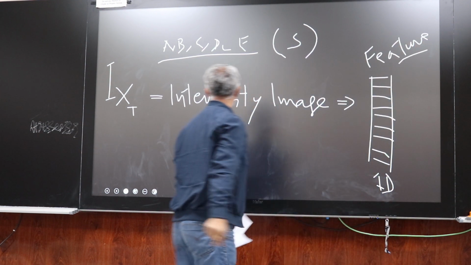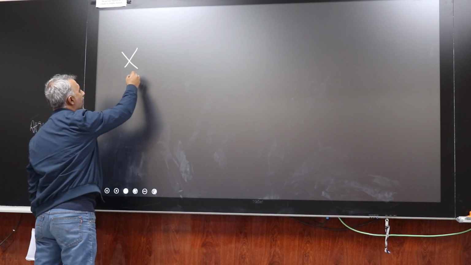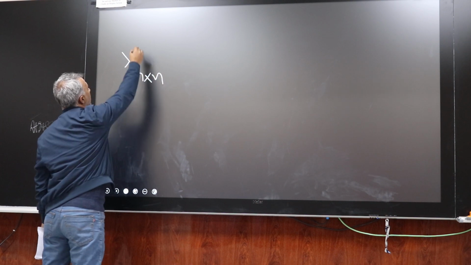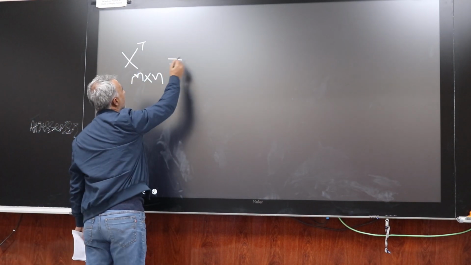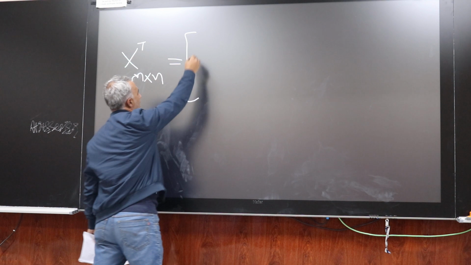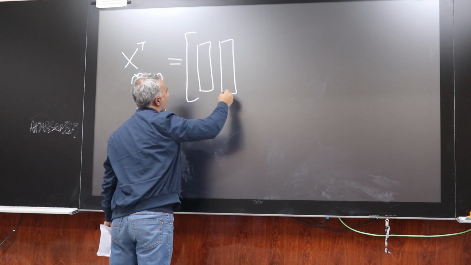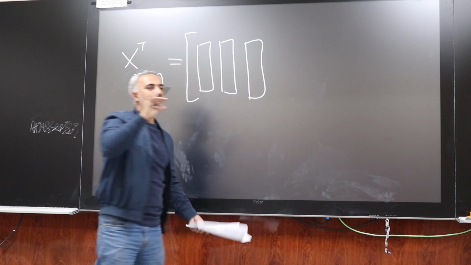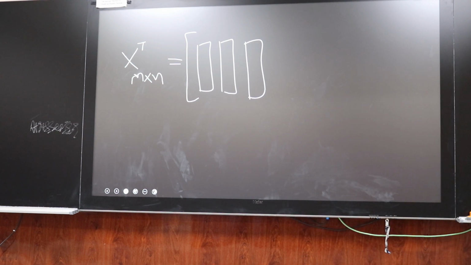You can say M into N, or this one is the test image, and similarly, you will have it as a single image. If, for example, I am standing and you can see that light is blinking, let me show this example to you here.